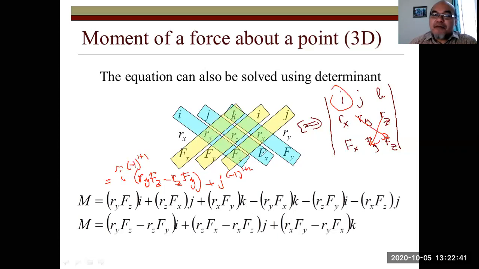Sorry, it's not given like that, but instead multiplied by minus 1 to the power of first row plus second column.